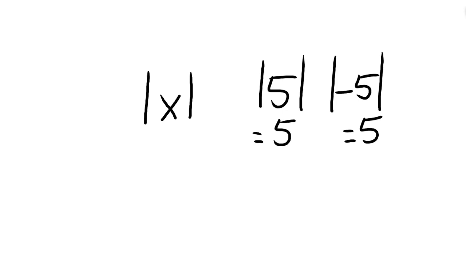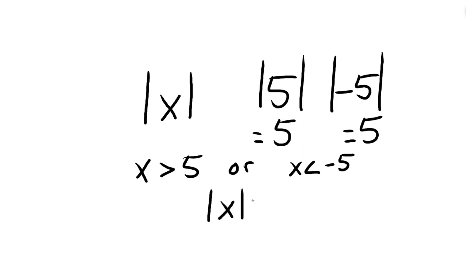And then when is a situation where we might come across this? Well, let's say that x is going to be larger than 5, or x is going to be less than minus 5. We want the extremes on both sides. Well, we can either write it like this, or we could write that the absolute value of x is larger than 5.